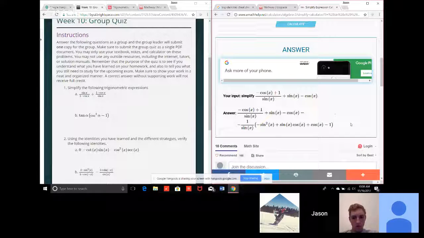But maybe not. Maybe that is what they want, though. I can't imagine that simplifying it would make it look more complicated. That just doesn't make sense to me.